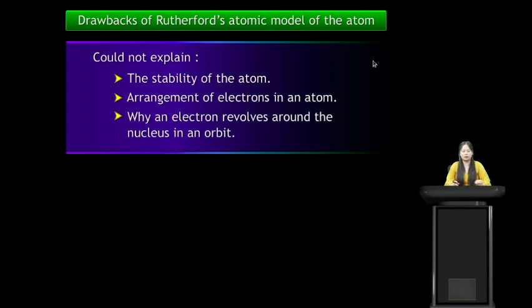According to Rutherford's model the atom is highly unstable, but we know that atoms are highly stable. So it could not explain the stability of the atom, the arrangement of electrons in an atom, and why an electron revolves around a nucleus in an orbit.